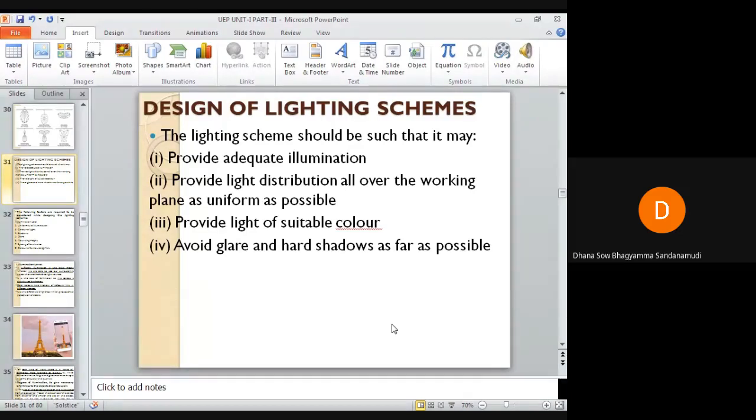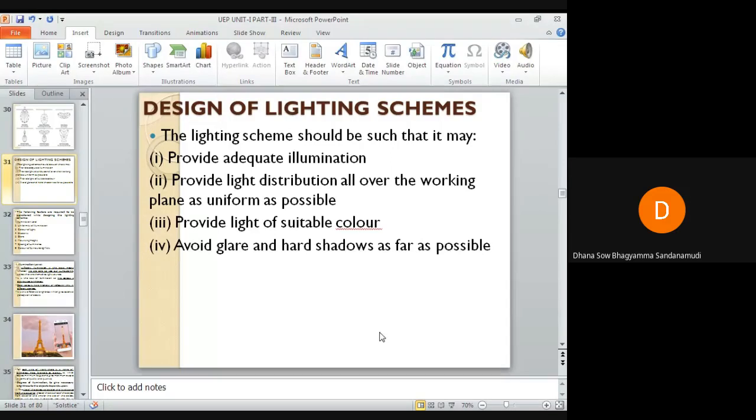And whatever illumination is provided by the lamps we are using in a particular room should be properly and evenly distributed. The luminous flux lines should be evenly distributed throughout the room, and especially if I am writing or reading, sufficient illumination should be there on the work plane.